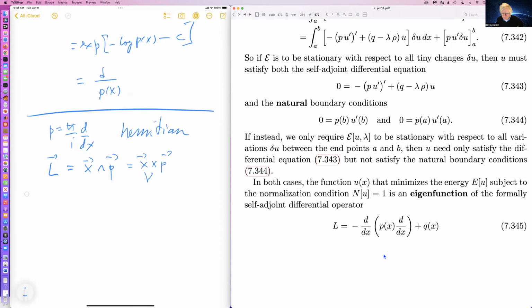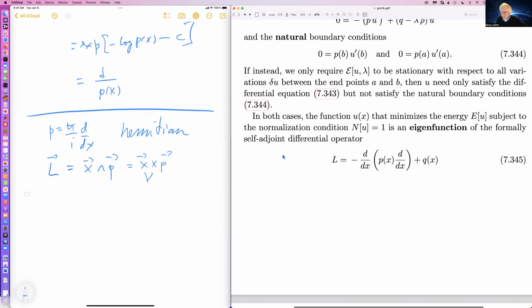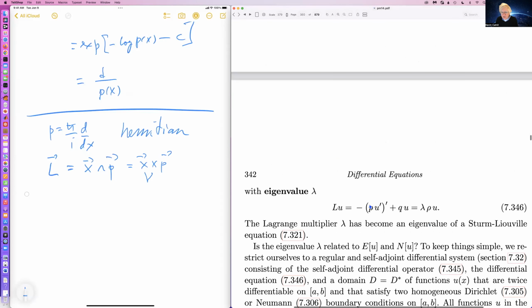And in this case, the function that minimizes the energy subject to the normalization condition is an eigenfunction of this self-adjoint operator, with eigenvalue lambda. And so it has this form here.